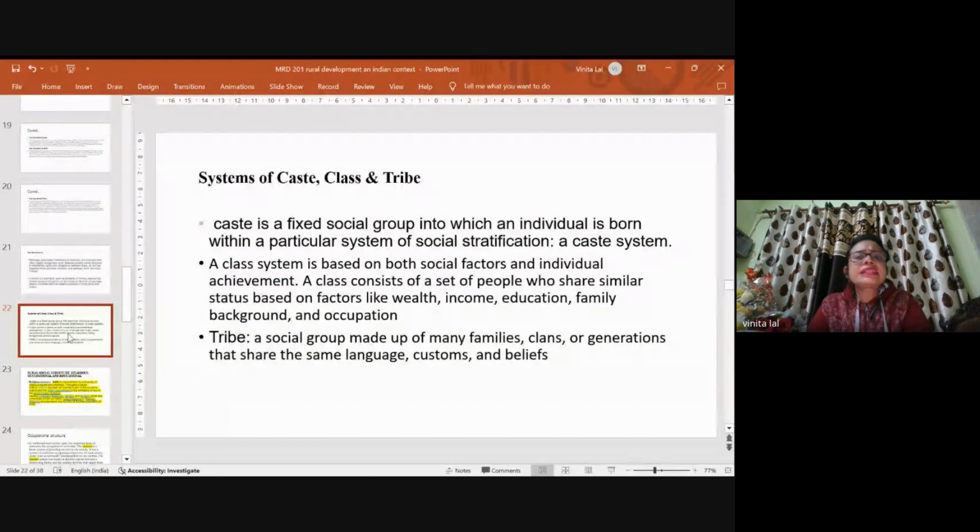System of caste, class, and tribe, which is very important. Our famous sociologists S.C. Dubey and A.R. Desai have done lots of work on caste, class, and tribe. The caste system in India is a paradigmatic ethnographic instance of social classification based on caste, and it has its origin in ancient India.